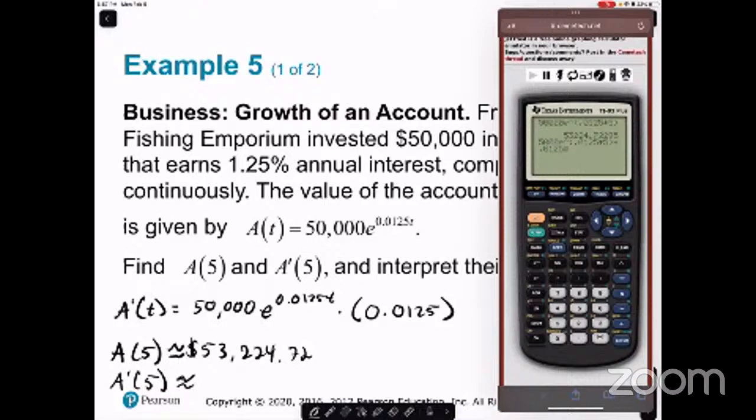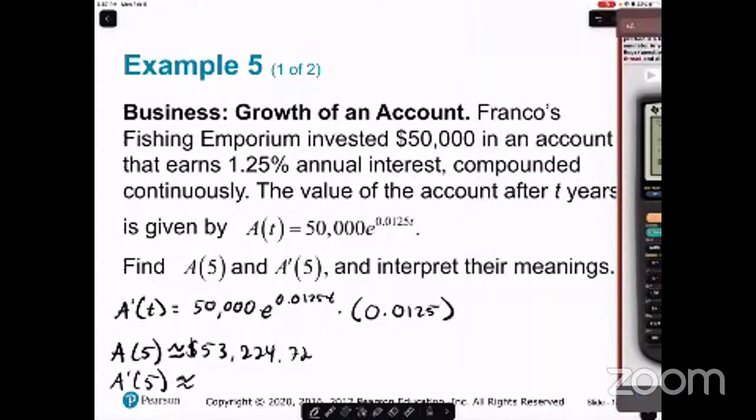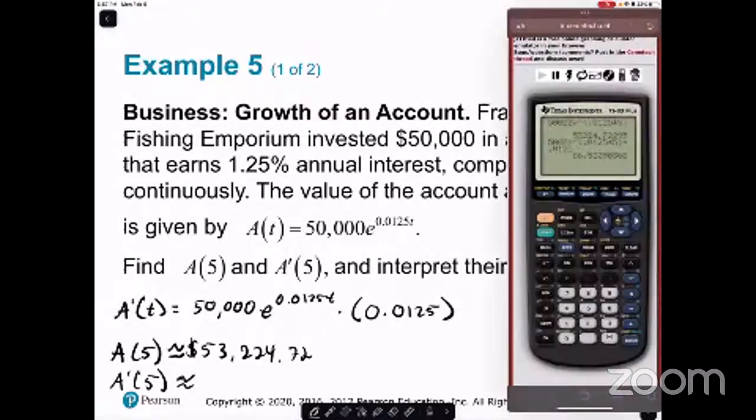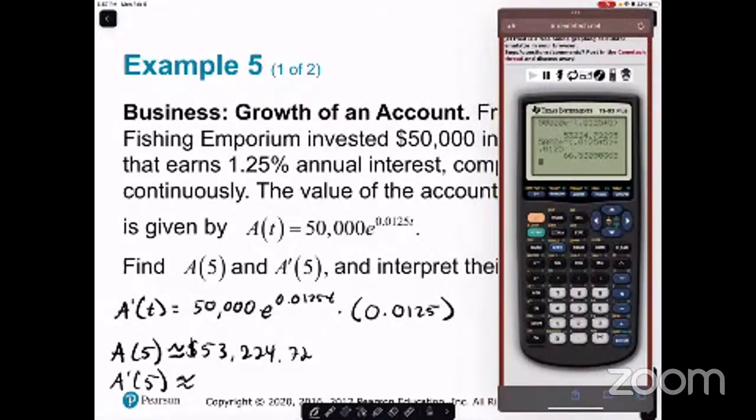So what we're saying is that the account is growing by $66 a year? No. That's the rate of change. At that moment in time, that's the rate of change of the account. Why does something seem off there?